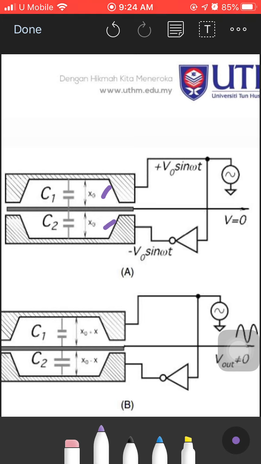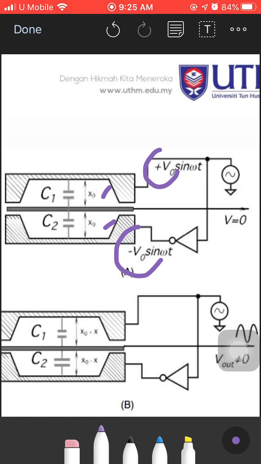If we look here, V naught and negative V naught. The upper and lower plates are fed with out-of-phase sine wave signals, phase shifted by 180 degrees: one is positive V naught sin omega t and the other is negative V naught sin omega t.